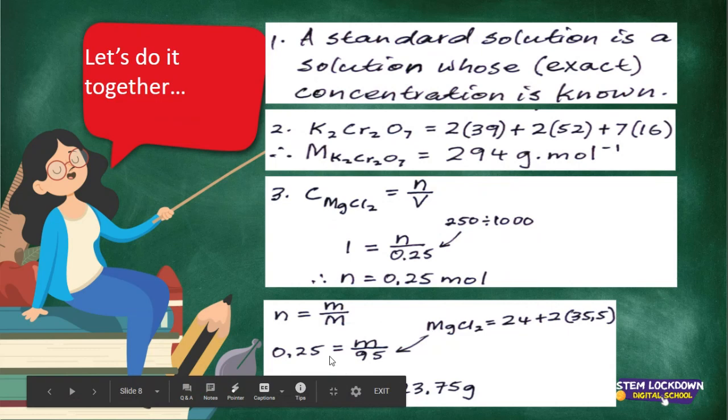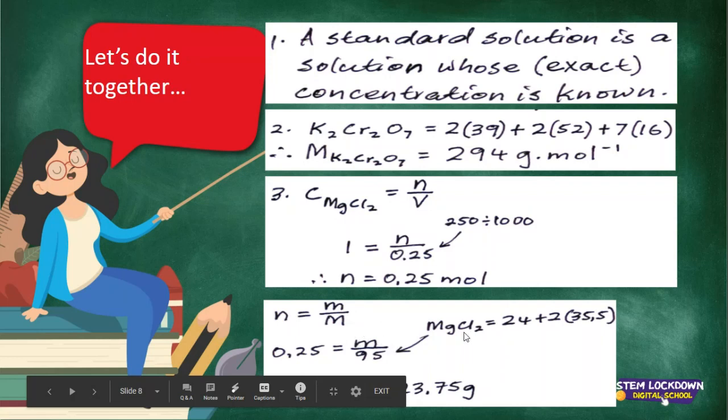Now we know the number of moles. We know that number of moles equals mass over molar mass. We have calculated the number of moles to be 0.25. The mass is what is unknown.